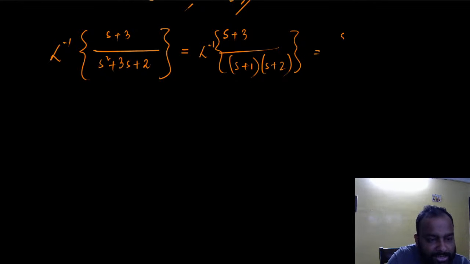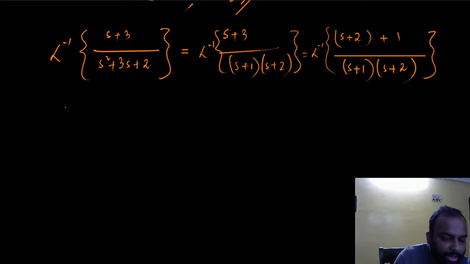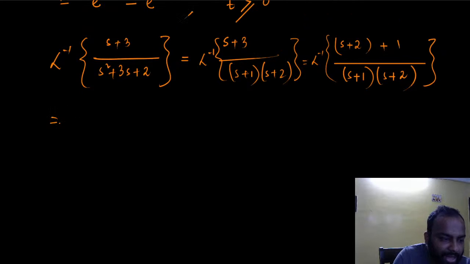Let's write this as s plus 2 plus 1, and here I'm writing s plus 1 times s plus 2. We are calculating the inverse Laplace transform again. With that said, that becomes the inverse Laplace transform of, so I'm splitting this, s plus 2 divided by that.